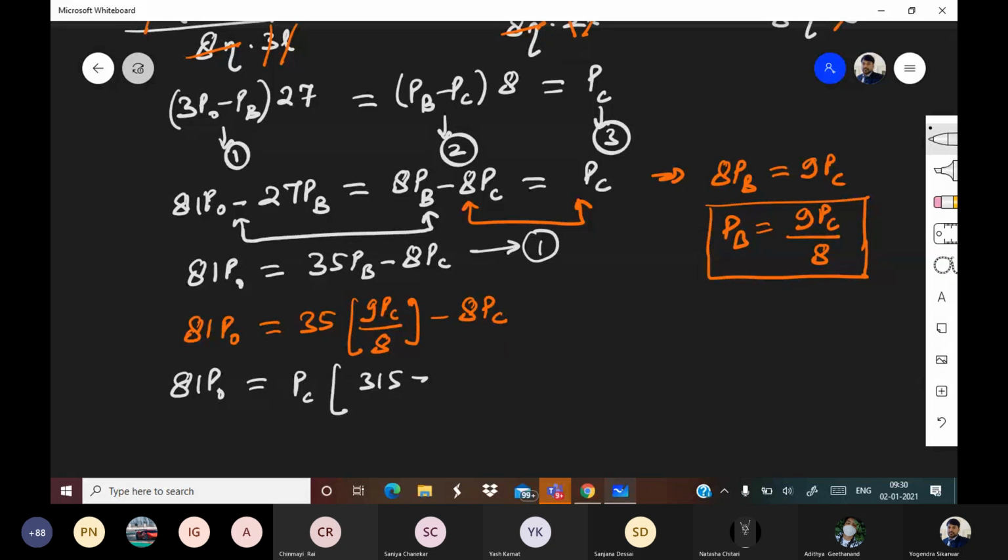So minus, I'm taking LCM as 8. So 8 into 8 will be 64. So that gives us PC is equal to 81 into 8 P naught upon 315 minus 64.